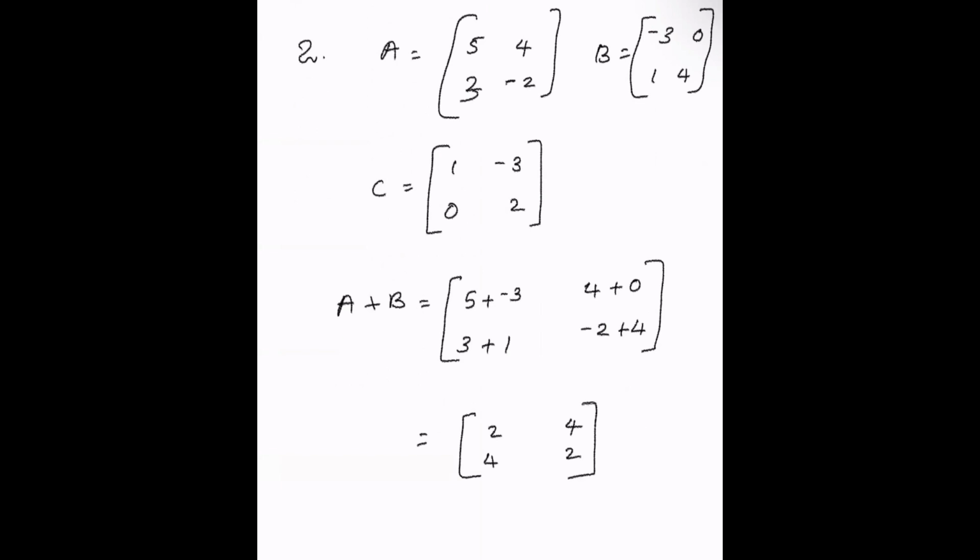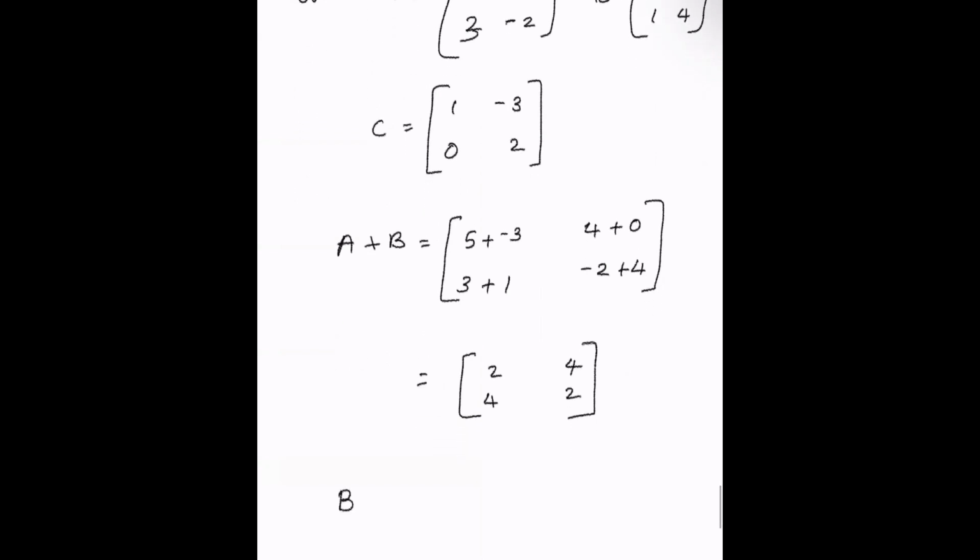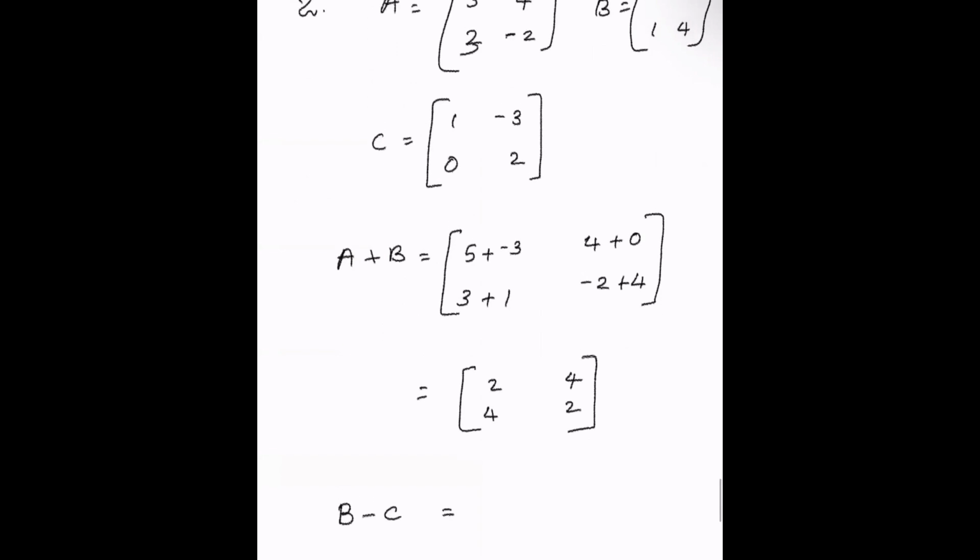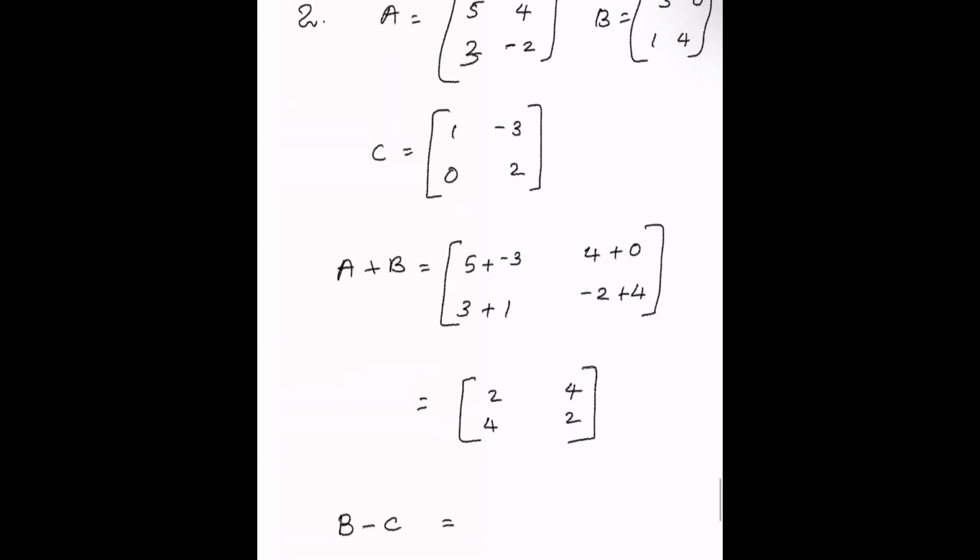Now let's try to do B minus C. So when you subtract, here also put the corresponding elements. The first element is from B, negative 3, minus 1.